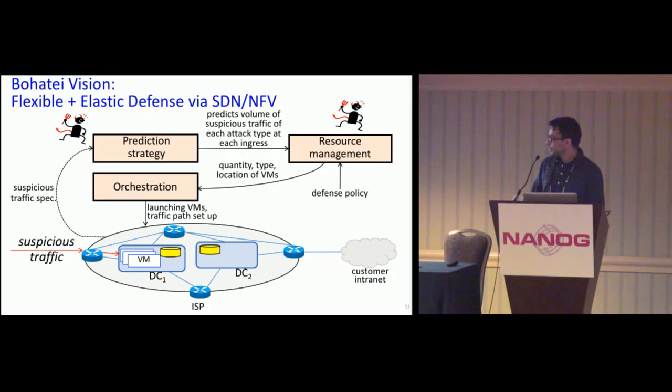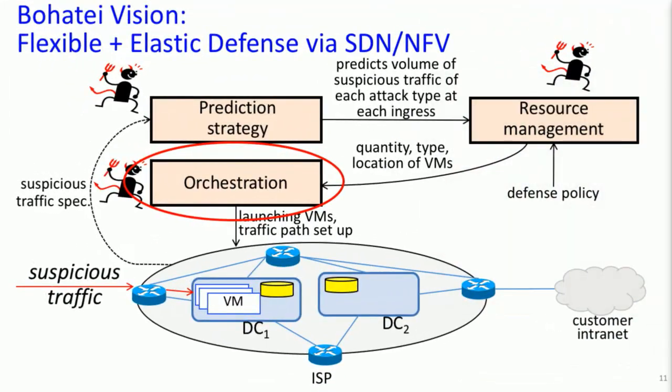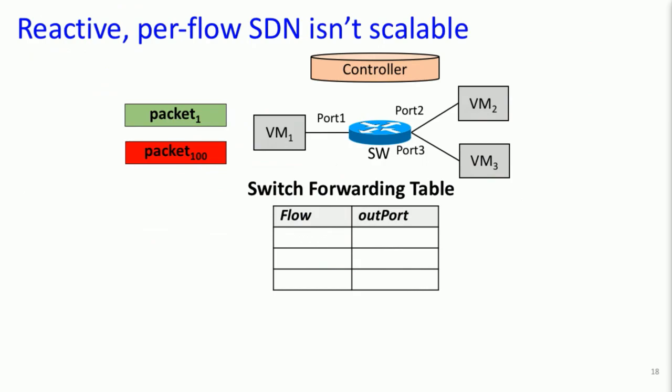I'm just going to briefly talk about the third challenge, which is about orchestration. But what is the challenge? Let's for a moment imagine we wanted to use SDN just out of the box, naively. What is the problem with that? The way SDN works, if we are not careful about it, is going to be reactive and per flow in terms of forwarding traffic.